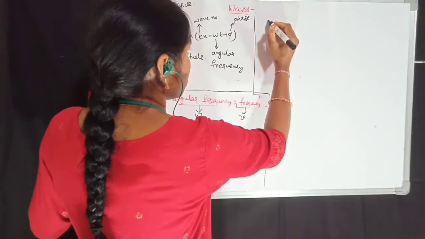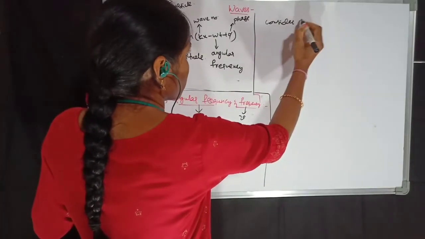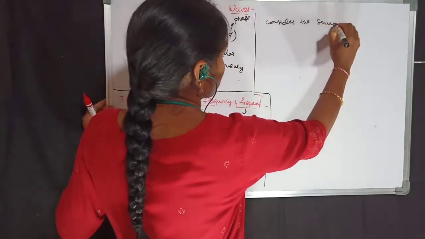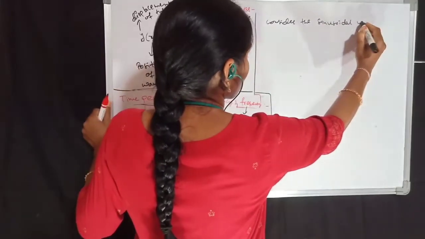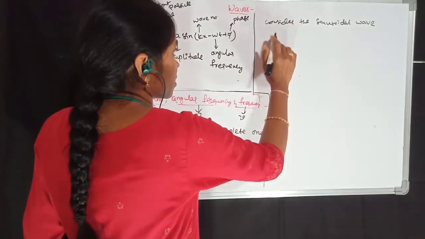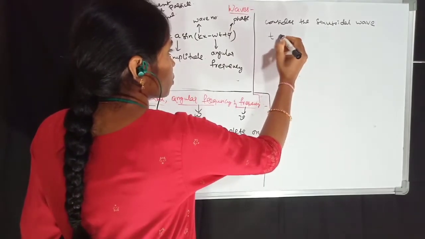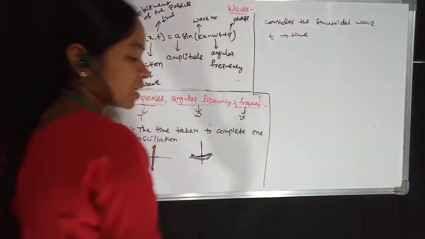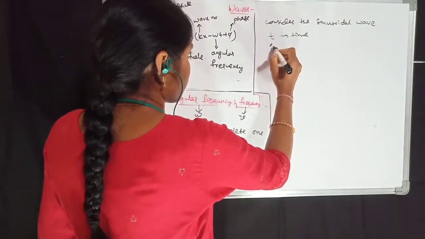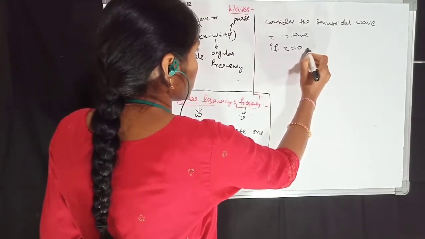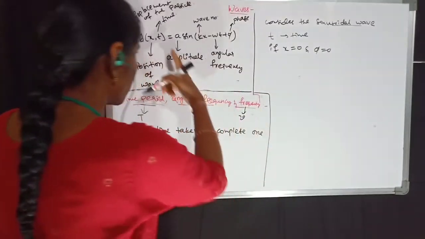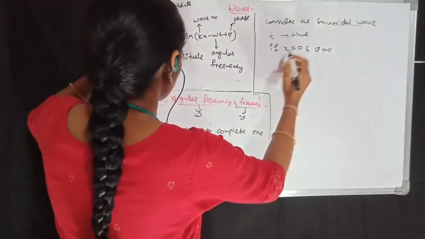And consider the sinusoidal wave. Now, the particle displaces from its equilibrium position in a time t. If x is equal to 0 and phi is equal to 0 in the sinusoidal wave equation, just substitute these values.